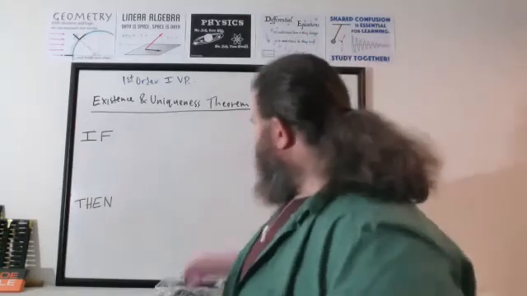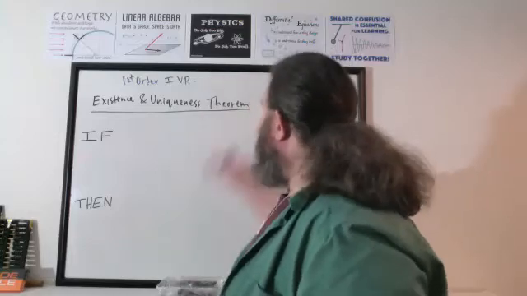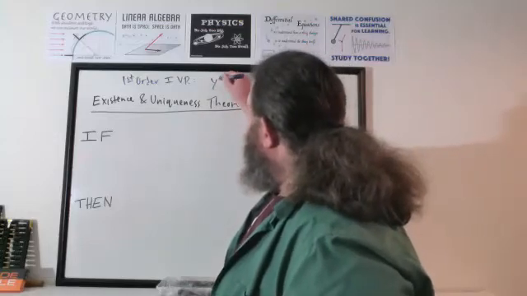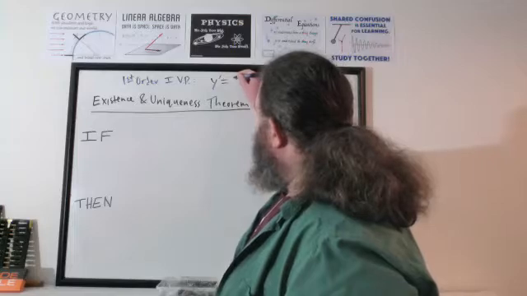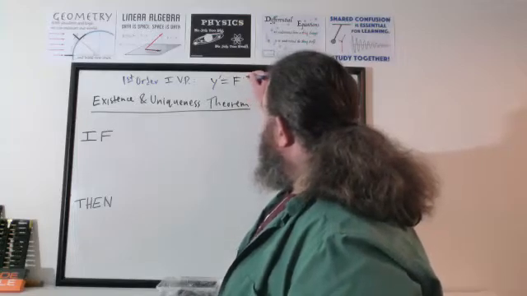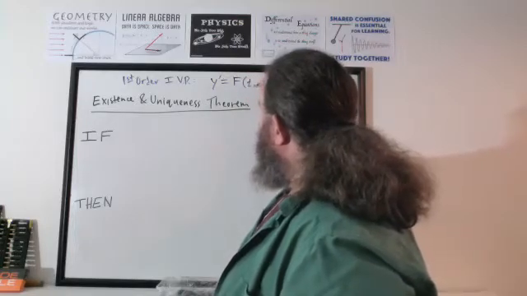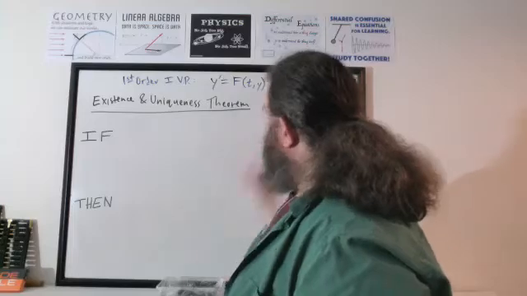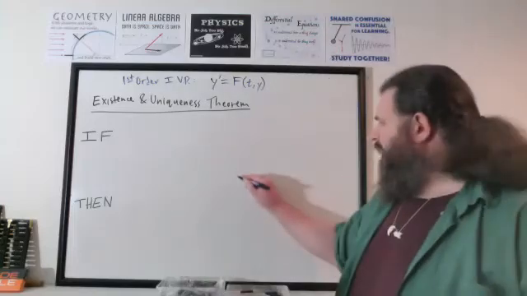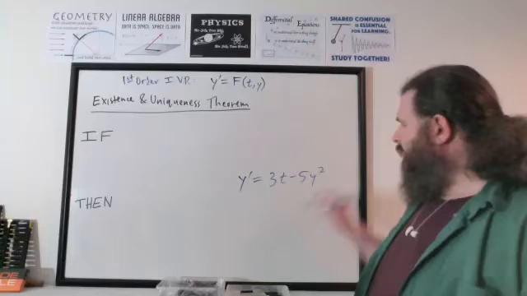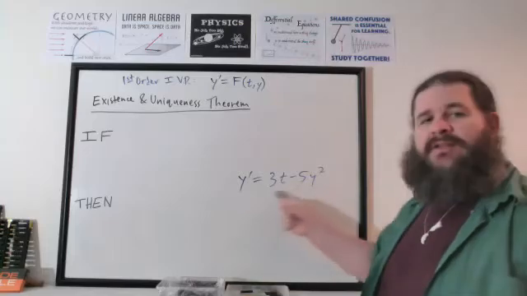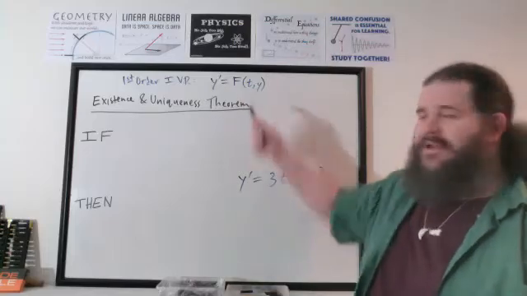So let's say you've got a differential equation like y prime equals some function of presumably t and y. Maybe you have, for example, y prime equals 3t minus 5y squared. In that case, the 3t minus 5y squared would be the f of t and y.